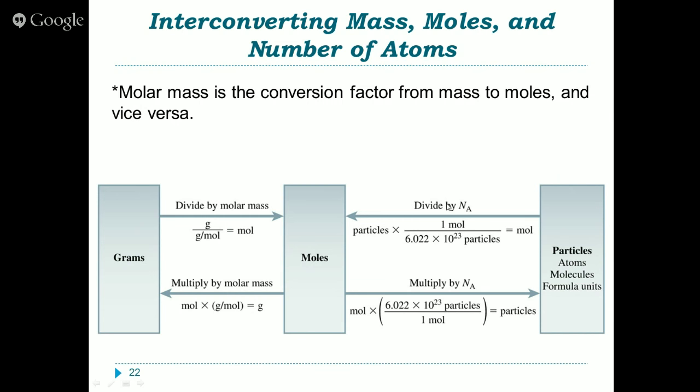Here, we have to use Na, which stands for Avogadro's number, 6.022 times 10 to the 23rd. If I'm going from moles into a number of atoms, I'm going to end up with a really large number over here because I'm multiplying by Avogadro's number. Here, I start with a really, really large number, divide by Avogadro's number, and end up with a much smaller number. So we have to make sure that these things make sense.